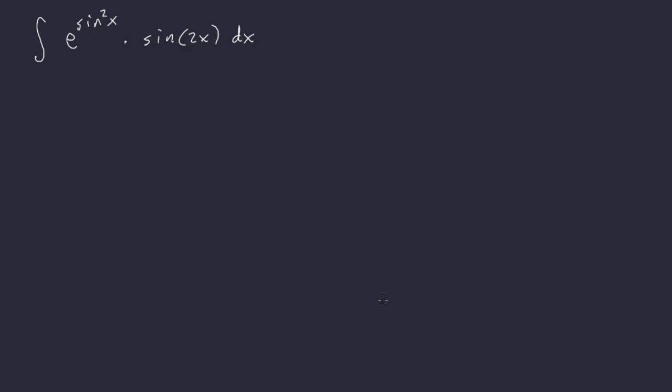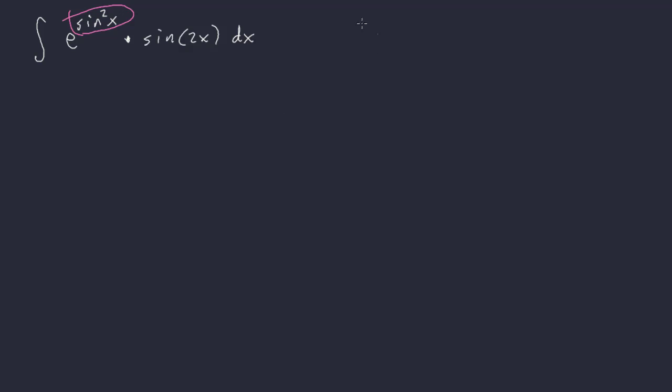Okay, so here's a great example of one that would be fairly difficult to do in your head. Maybe not, right? Maybe not. But notice we have two stuff things that we could look at. We have sine of 2x, that's sort of sine of stuff, and we have e to the sine squared x. So this is actually what I'm going to think of as my u, right?